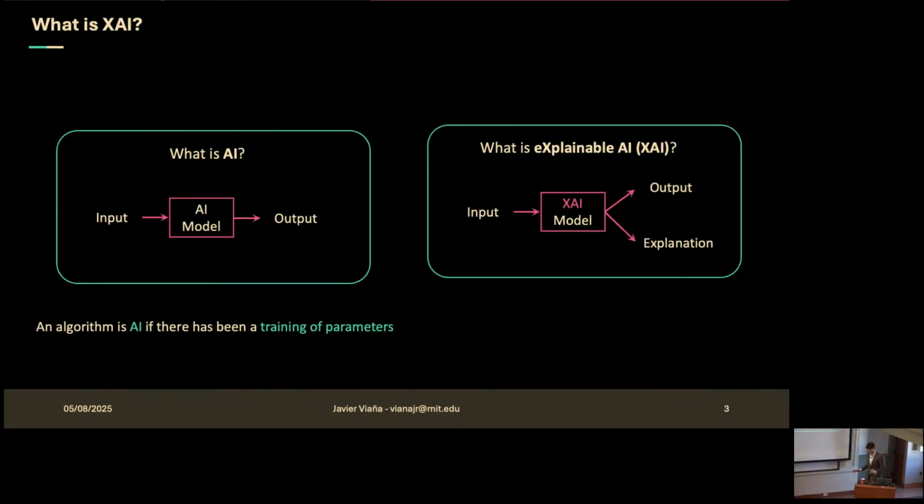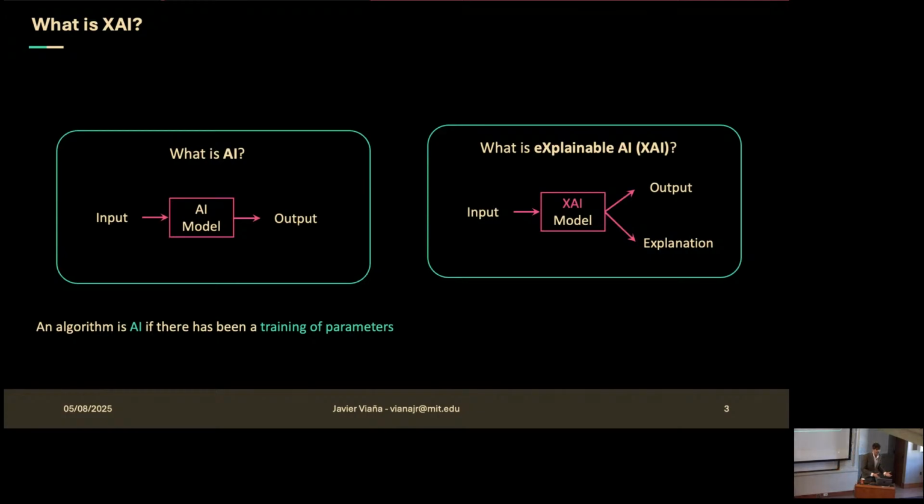All right, so before we start talking about explainability, what is really AI? Just as a reminder, the way I like to see it is you have an input, right? Something comes in and something comes out. And you have a model in the middle. And this model is trained based on some data that we have, right?